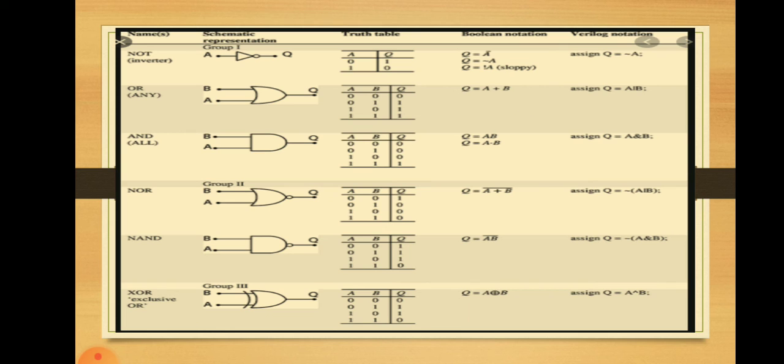Then the AND gate: symbol, truth table, Boolean equation. Then the NOR gate: symbol, Boolean equation, then truth table. Then the NAND gate: symbol, truth table, Boolean equation. Then XOR, exclusive OR: symbol, truth table, then Boolean equation. This is the table format of the logic gates.